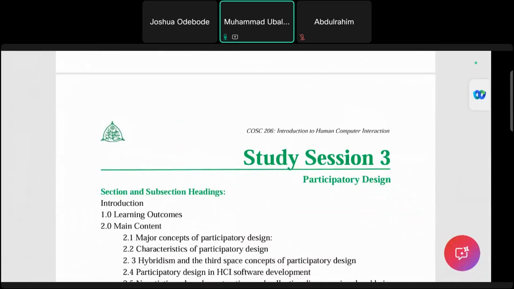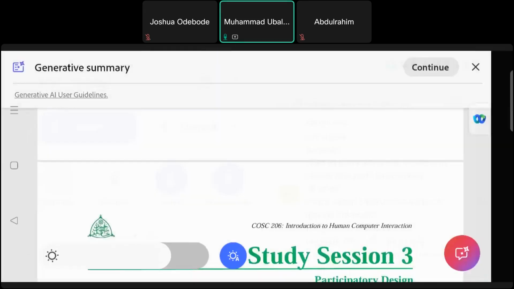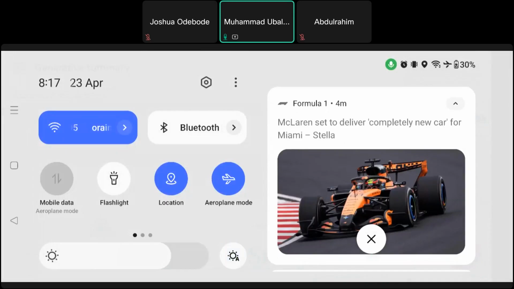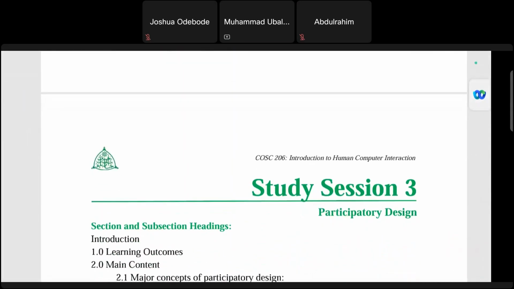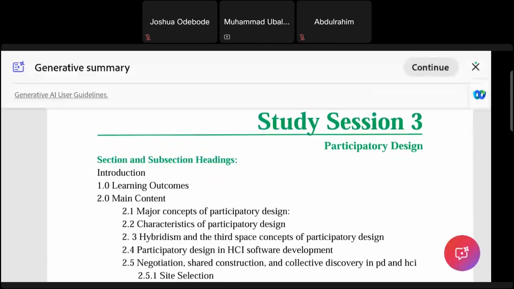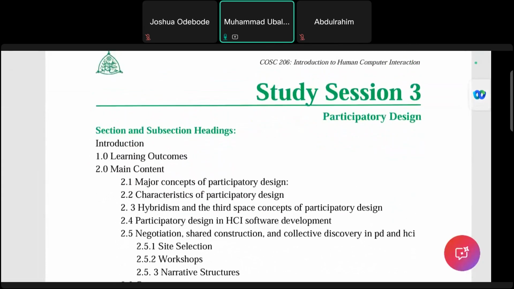So I guess Joshua is not close by. Abdurrahim, can you see my screen? Please, can you confirm? Yes, I can see the screen. How good is it? It's clear. All right, thank you very much.